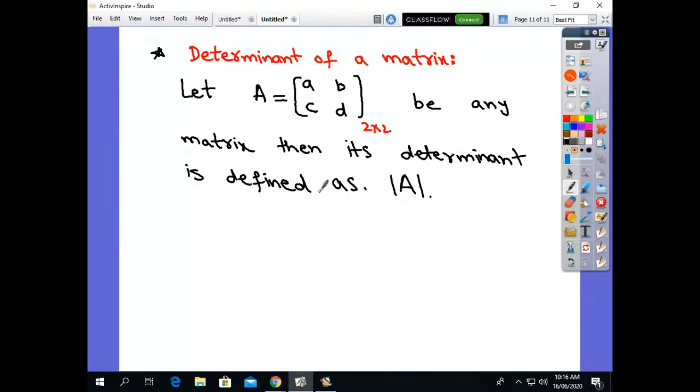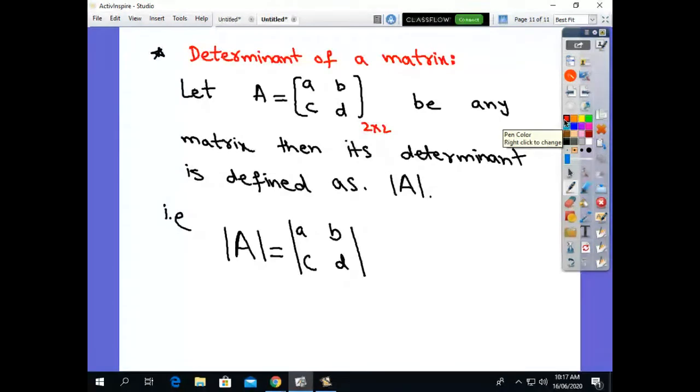How to take a determinant of a matrix? That is the determinant of A. These two straight lines show the determinant of the matrix, with the entries of the matrix A. Entries of matrix A are A, B, C and D. How do we solve the determinant?